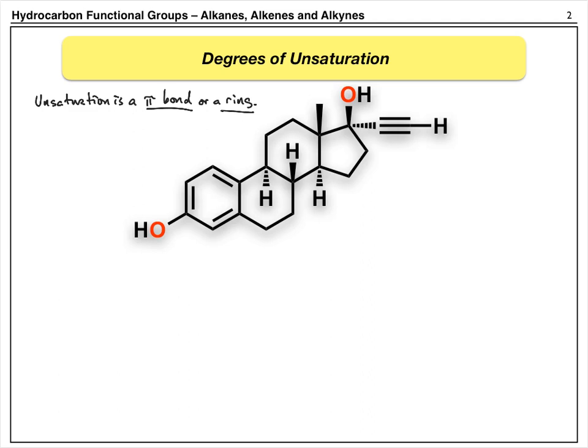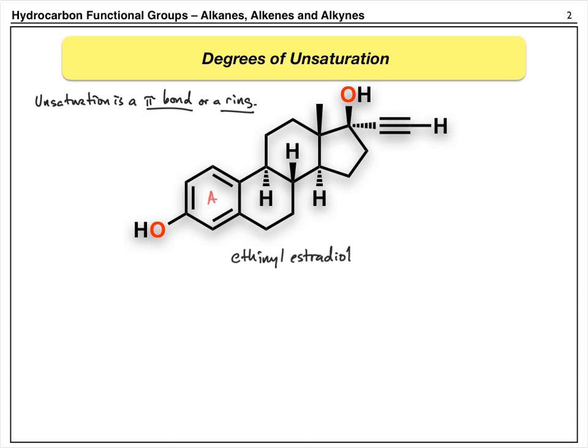So given this molecule here, which is called ethinyl estradiol, this molecule is known as a steroid, and the steroid nucleus, as I'm going to draw in red, has 4 rings.